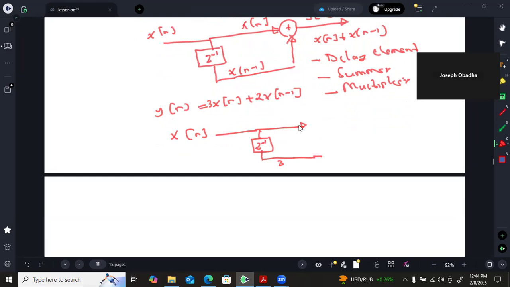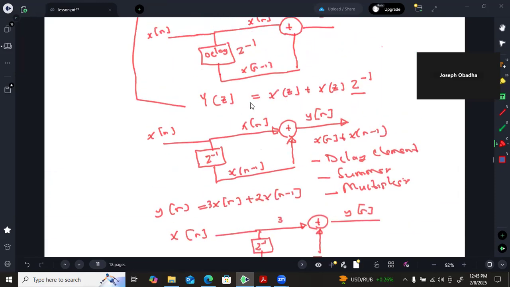And no, actually it's 2. So you have a 2 which indicates multiplication, and here I have 3. Then I can have my summer. Then I have this input. Then I have my y of n. So I shall also use the multiplier.